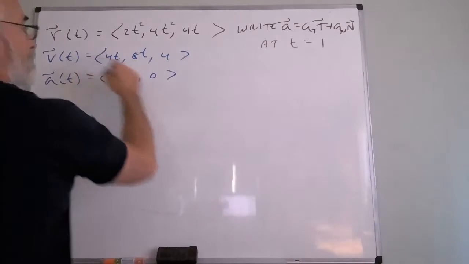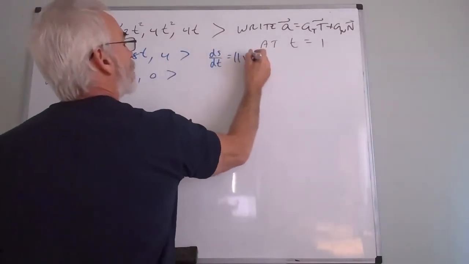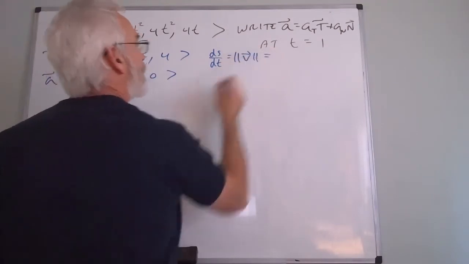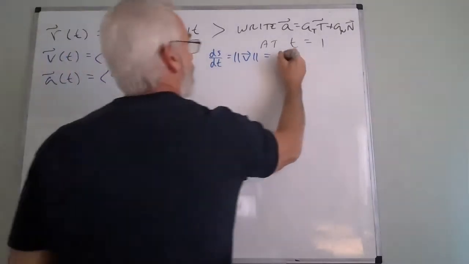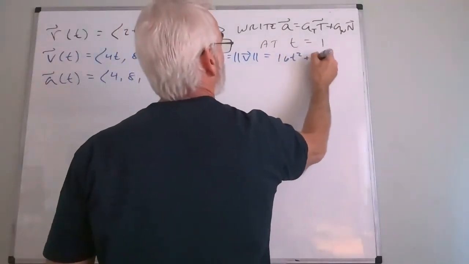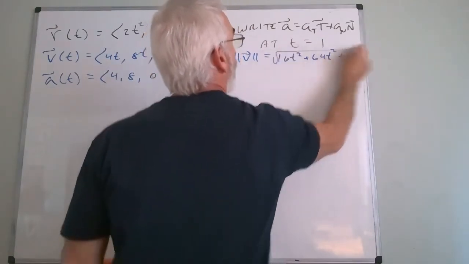The next thing is ds/dt, which is the length of v. That's squared, so it'd be the square root of 16t squared plus 64t squared plus 16.